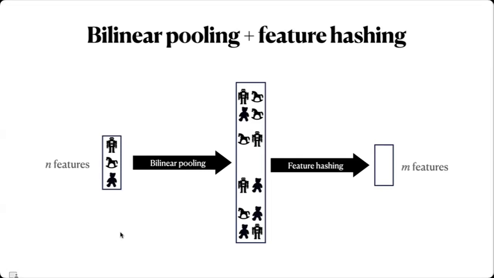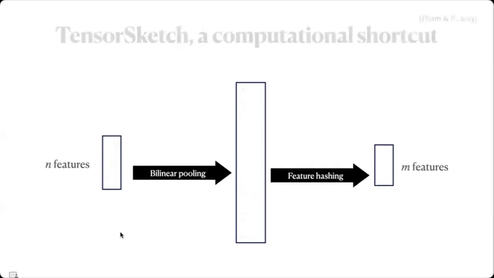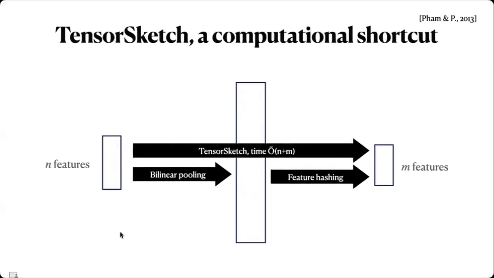So the idea behind TensorSketch is basically to make a shortcut. We want to go directly from the input vector to the feature hash of this intermediate vector. And it turns out that there's a surprisingly simple algorithm that actually does this.